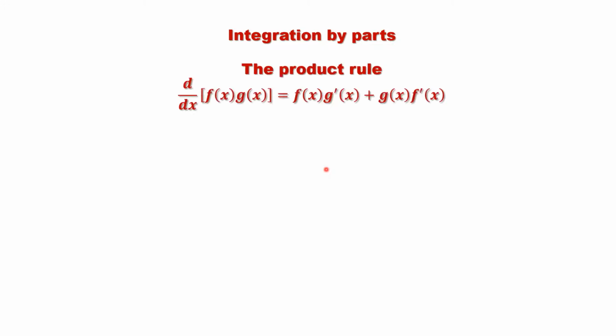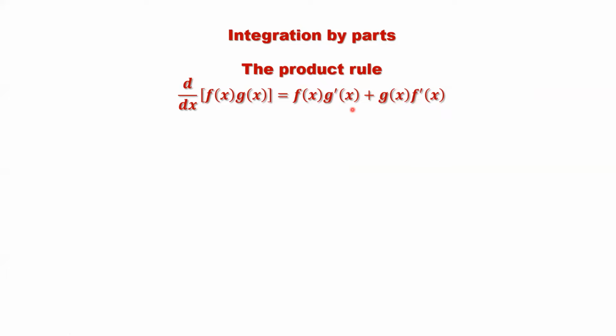Let's derive the method integration by parts. The product rule: the derivative of f times g equals f times the derivative of g plus g times the derivative of f.